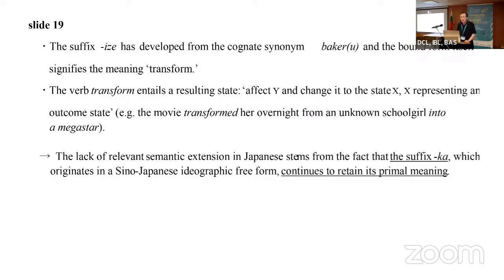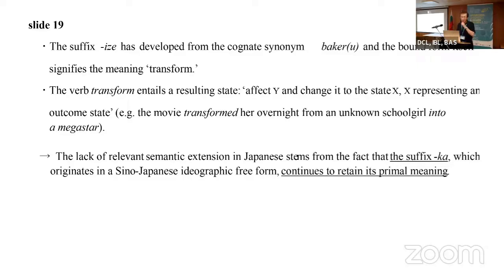So the suffix kasuru, not -ize, has developed from the cognate synonym bakeru, and the bound form itself signifies the meaning transform. The verb transform entails the resulting state, affect y and change it to the state x, representing an outcome state.